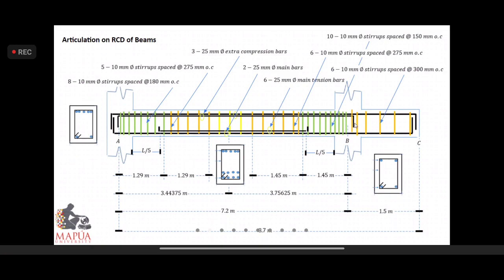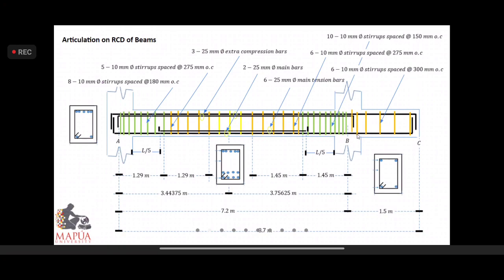Then sa kanan, 300 mm yung na-compute. So kung di-divide mo lang sa 1.5, mga 5. So ang ginawa niya, sinsinan niya na lang dito. Basta may malagay ka rito na 300.